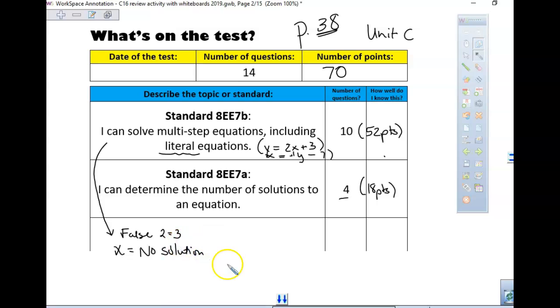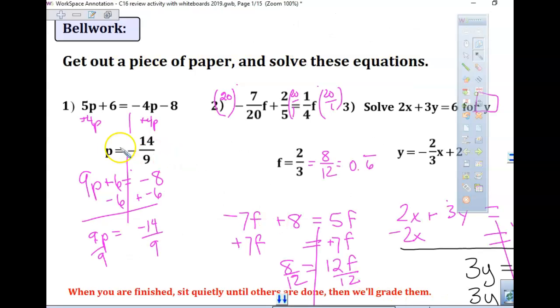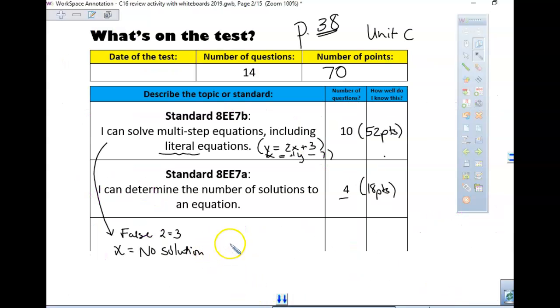So when you solve problems like those we did at the beginning, if one of them came out as 7 equals 2, you would have told me no solution. It was false. If it was true, like 2 equals 2, then you're going to tell me x equals all real numbers.